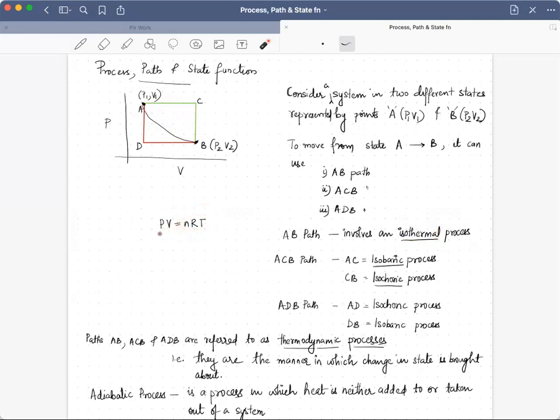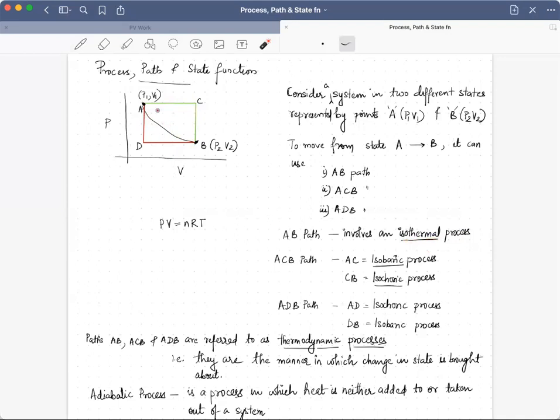We know that whenever there is a variation in pressure and volume only, then temperature is a constant factor. So if the system undergoes this path AB, it would be an isothermal process.